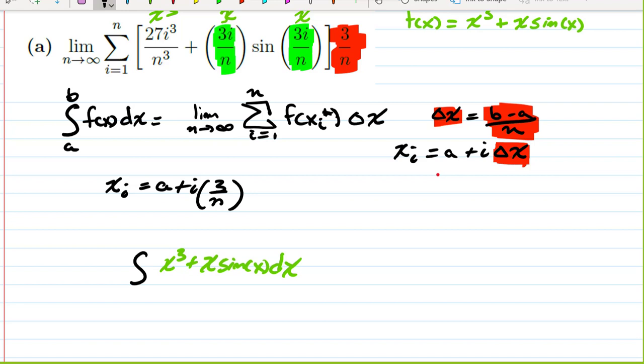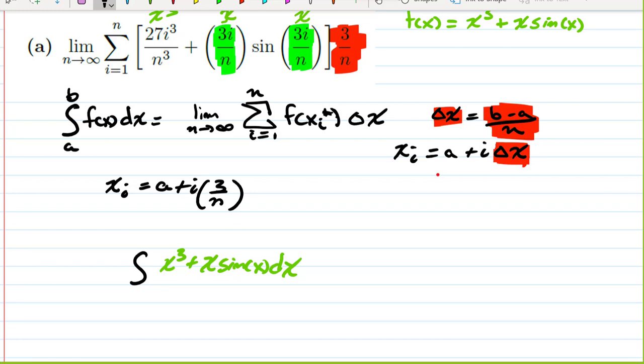So to do this, we can plug in some different values for this. And so we know that our sum is going from i equals 1 to n.